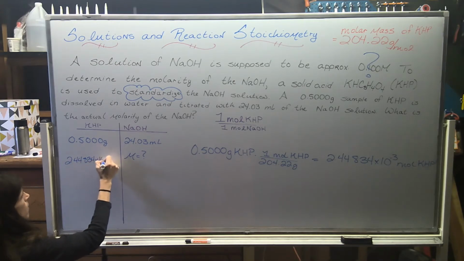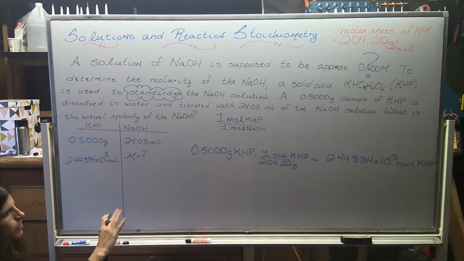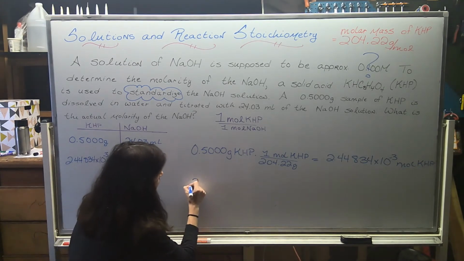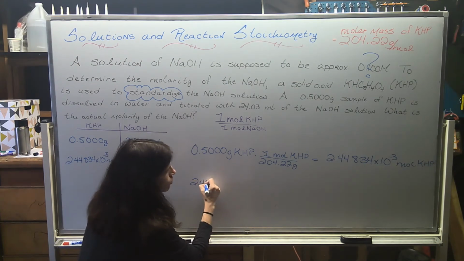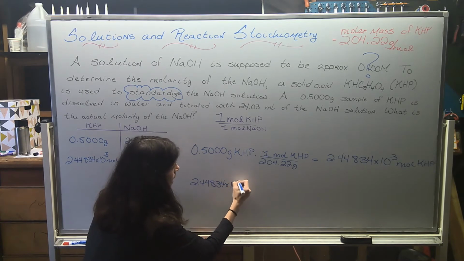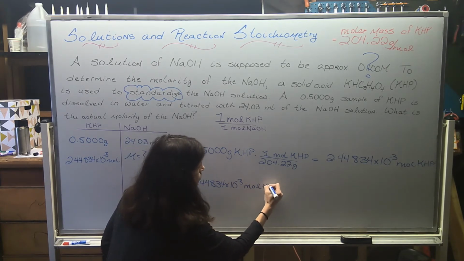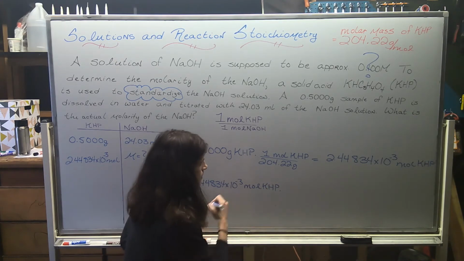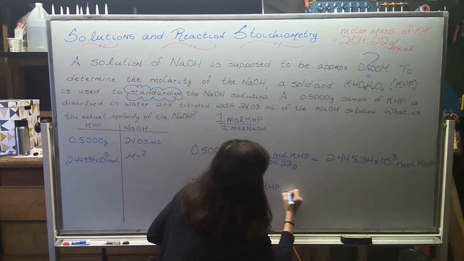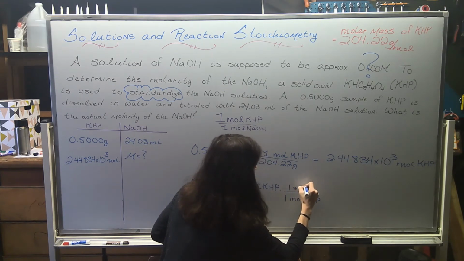And because it's 1-to-1, I can set up the conversion, and I'll do that really quickly just to show how that looks. But in my head, I know that if I have this many moles of KHP, since they react in a 1-to-1 ratio, I'm going to have the same amount of sodium hydroxide.